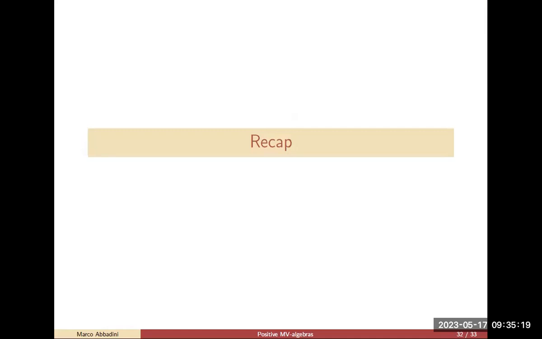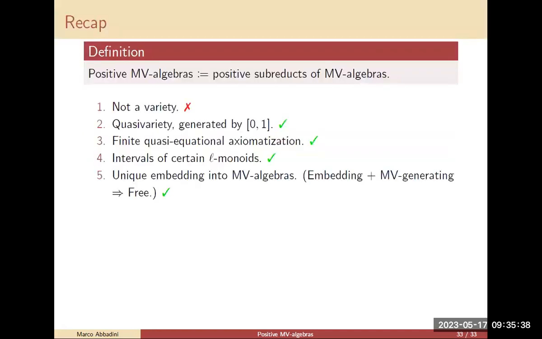We have this way of representing positive MV-algebras as intervals of L monoids, and we have this unique embeddability, embedding plus MV-generated implies free. So I've written this here. I hope this is some good news for positive MV-algebras, that possibly could allow the theory of these algebras to further develop. Okay, thank you very much for being here and for your attention.